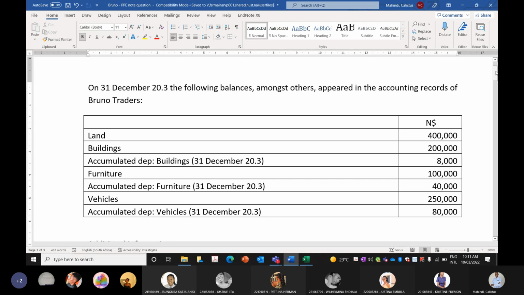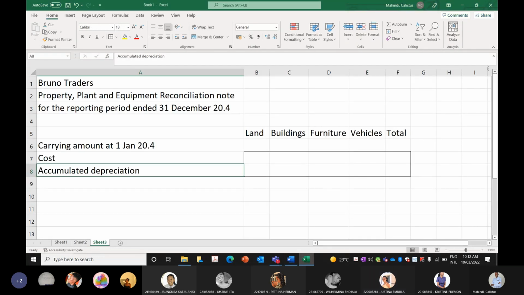So this land was bought at a value of 300,000, but now the value of the land is 400,000 as it appears there, since they're using the revaluation model. So you're not going to use the cost price of the land, you're going to use the fair value at the beginning. So that is cost or fair value. That will only be applicable for the land, since we're not dealing with revaluation of buildings. So land was 400,000.